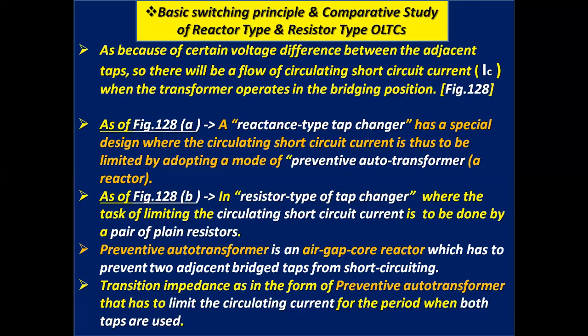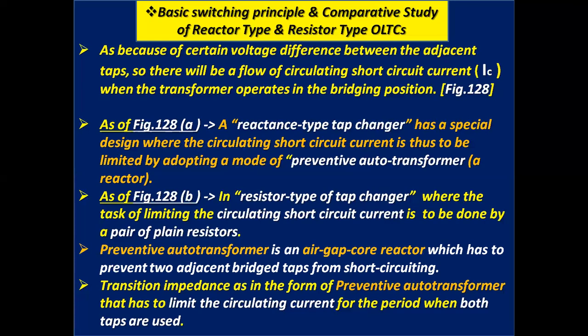As of figure 128B, in resistor type tap changer, the task of limiting the circulating short circuit current is done by a pair of plain resistors.